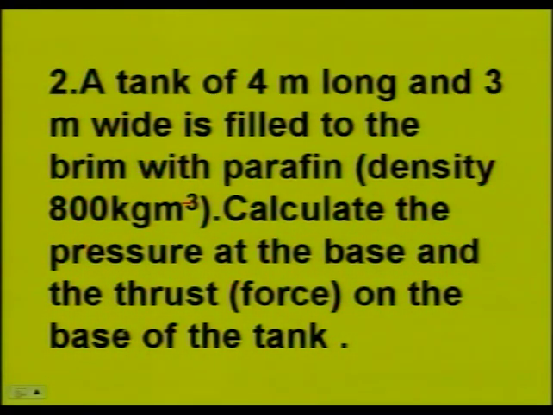Okay, looking at this one, the tank of 4 meters long and 3 meters wide is filled to the brim with paraffin. Density is 8,000. So you are asked to calculate the pressure. Pressure equals density times gravitational acceleration times height.